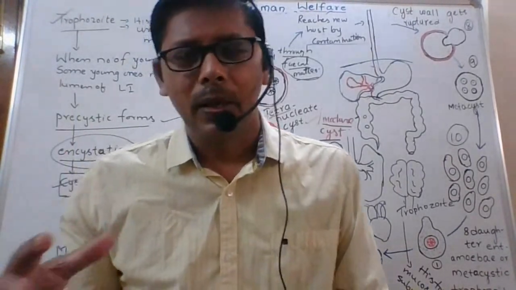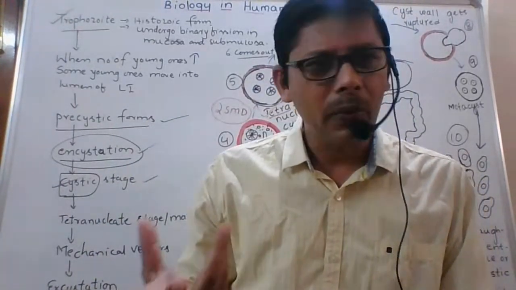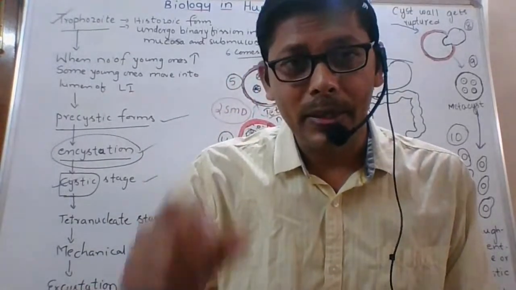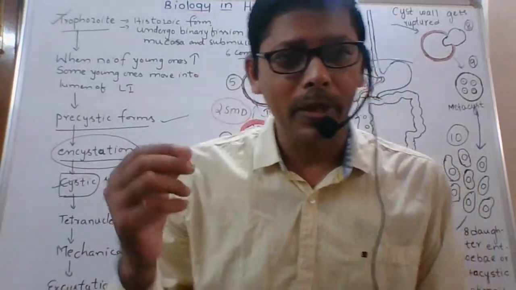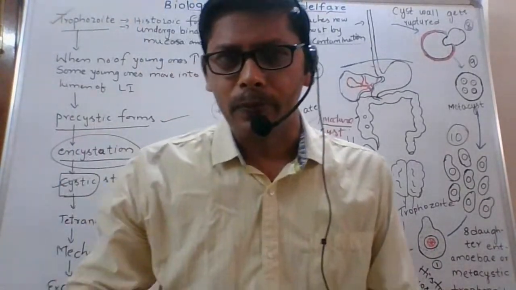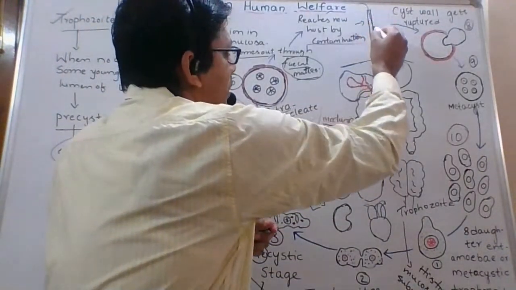You might have seen houseflies sitting over that food. We cannot see whether tetranucleated cyst is present on that bhaji or pani puri. If you take such contaminated food, the tetranucleated cyst enters into a person's body.